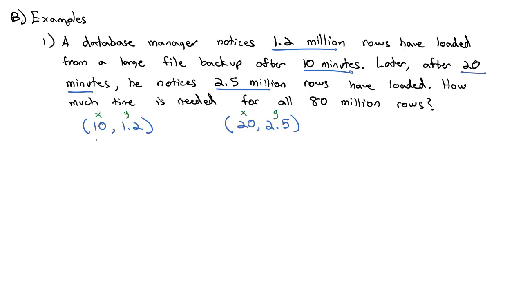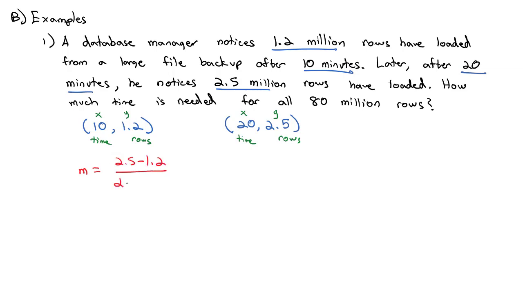Both of the x's are the amount of time, and both of the y's are the amount of rows. That needs to be consistent, that the rows are always second in our points, and that the time is always first in our points.